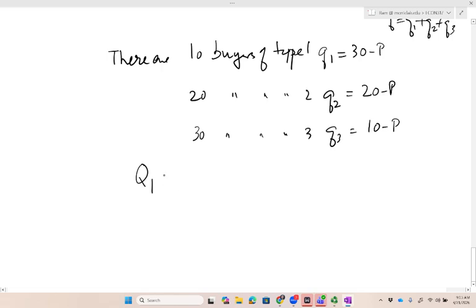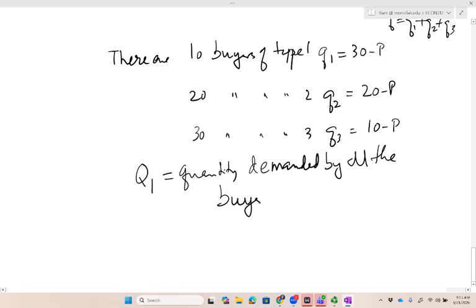So Q1 is the quantity demanded by all the buyers of type 1, which will be 10 buyers of type 1 times the quantity each one of them buys, 10 times q1.